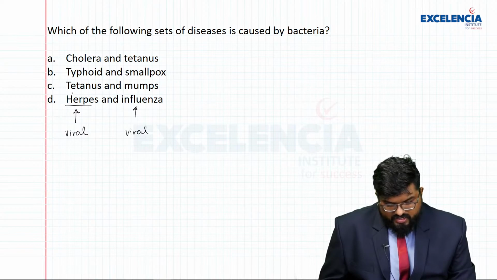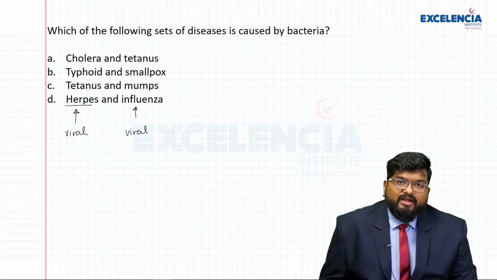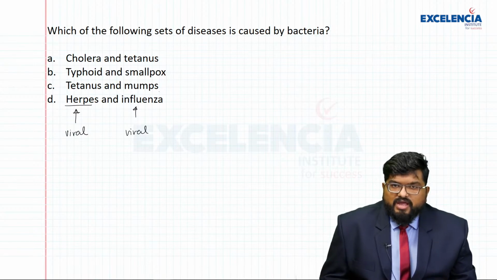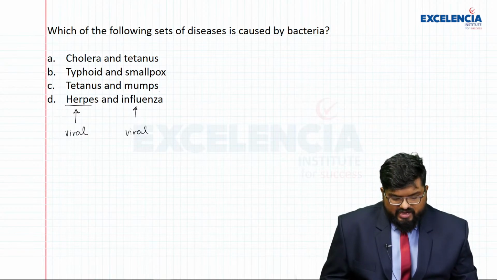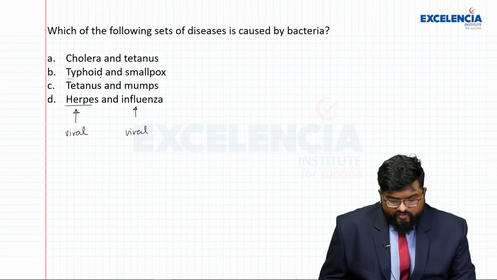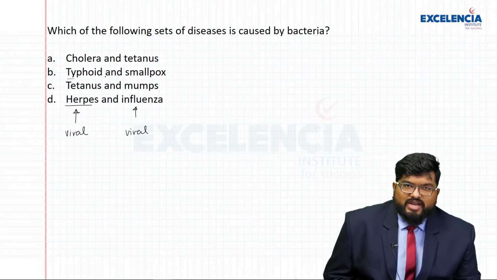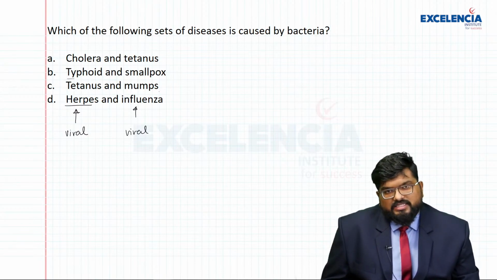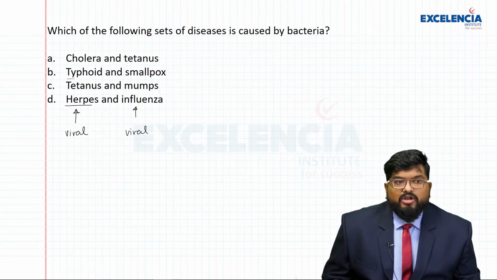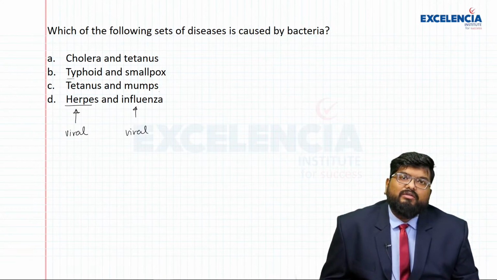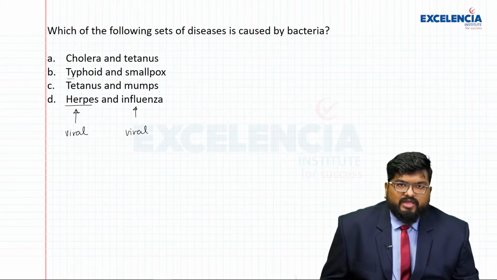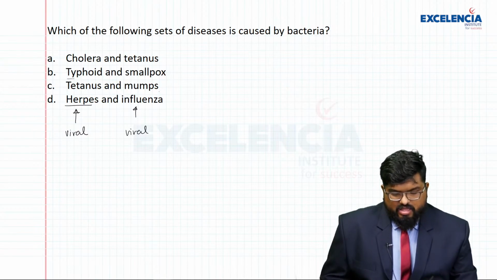Tetanus is caused by a bacterium called Clostridium tetani. Mumps is caused by a virus, so it's a viral disease. Typhoid is caused by Salmonella typhi, it's a bacterial disease. Smallpox is caused by the smallpox virus, so it's a viral disease.